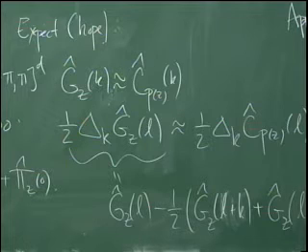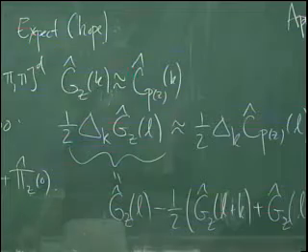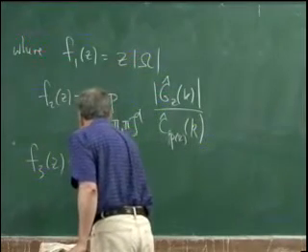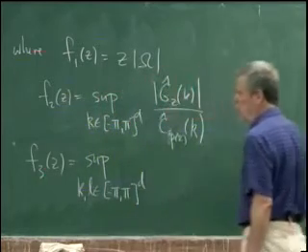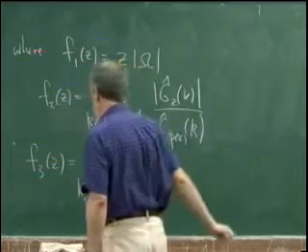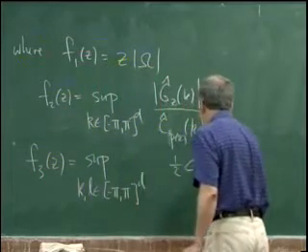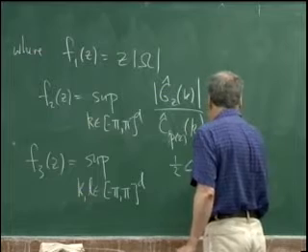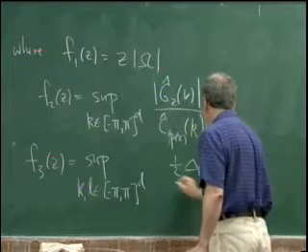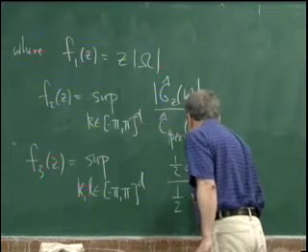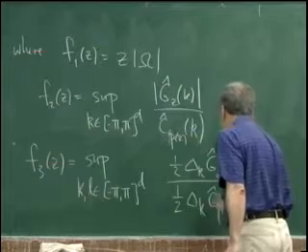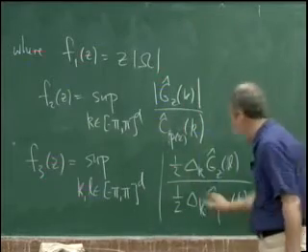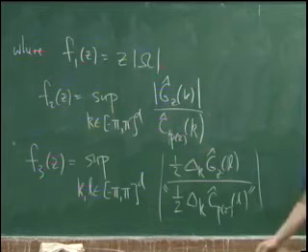And then there's another F3, which is the part that I prefer not to tell you about, but I have to say at least something. So it's the sup over all k and L of the ratio of these guys: 1/2 delta k gz hat of L divided by 1/2 delta k cpz hat of L. And I wish it was that, but actually I'll put this in quotations because it's something else in the paper, which is kind of like that.